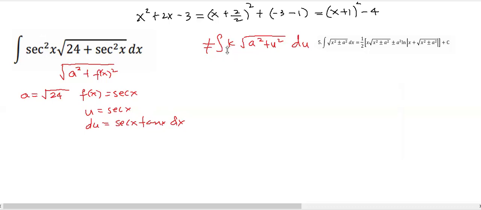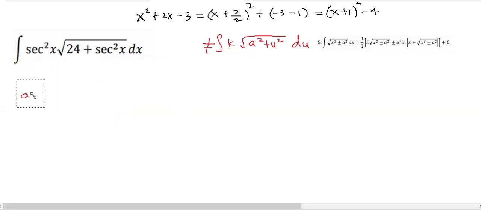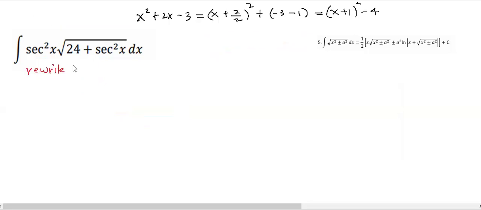So, what we're going to do is we rewrite the integrand. No? Let us rewrite the integrand. How do we rewrite it?